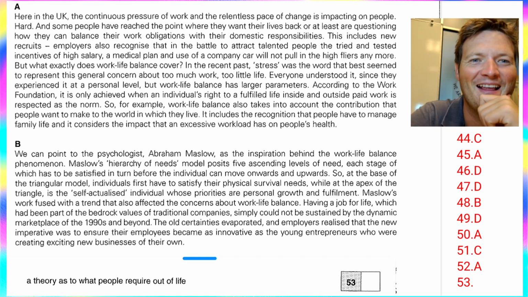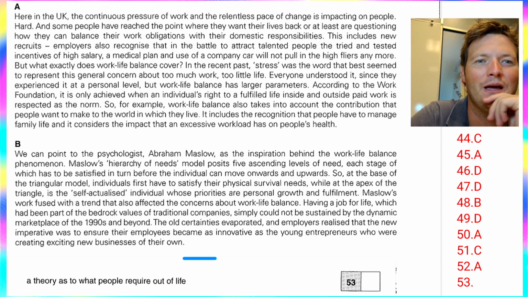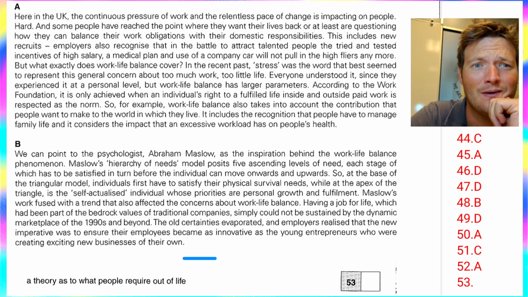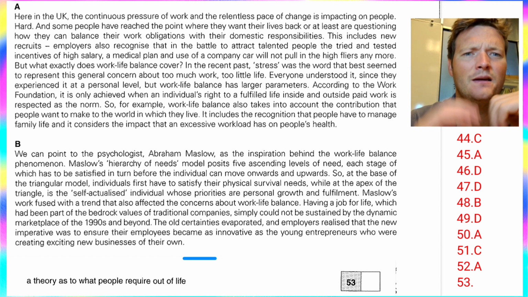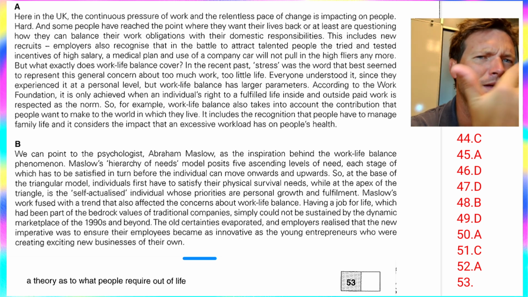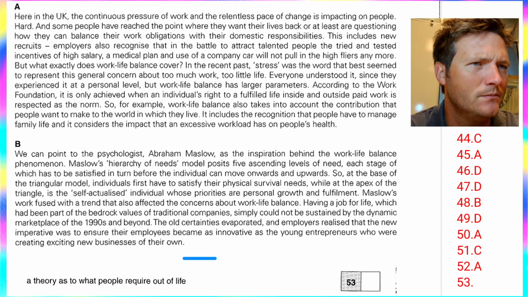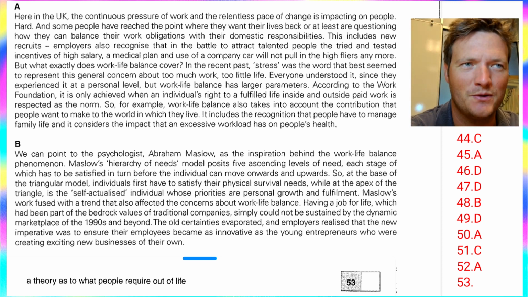A theory as to what people require out of life. Okay, so maybe this is B. Is this B? Yeah, it's Maslow's hierarchy of needs, I think, no? So, yeah, surely this one's B, right?